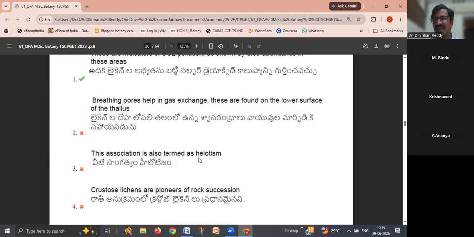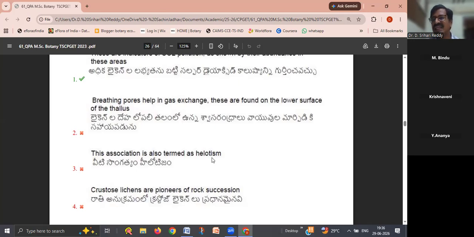In symbiosis, it is mutually beneficial. But here in lichens, the fungal partner dominates the algal part. It forms a trap surrounding the algae with the help of mycelial filaments, fungal filaments, and it dominates the algae.